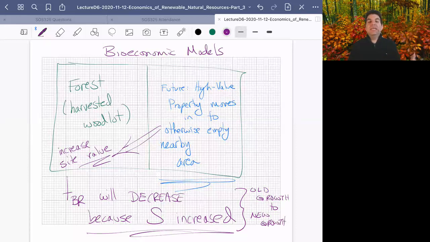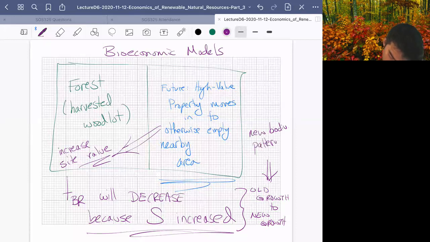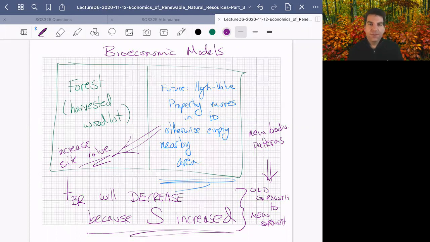And so that can completely change the biodiversity in the forest. So this will be new biodiversity. It's a complete turnover. Some species that thrive on old growth are not going to be able to thrive. Some species that thrive on new growth will be able to thrive even more. So it does have an impact, even though you're not acting right there. And the impact is economic.